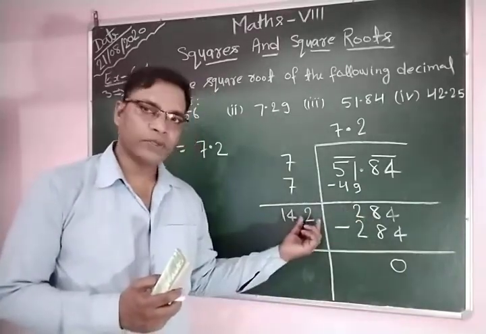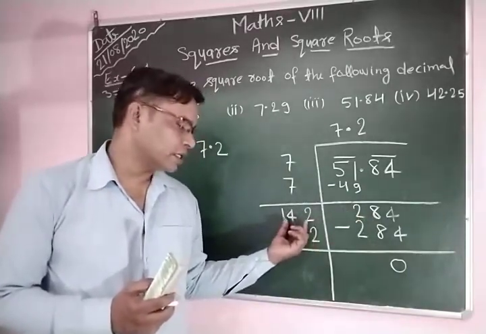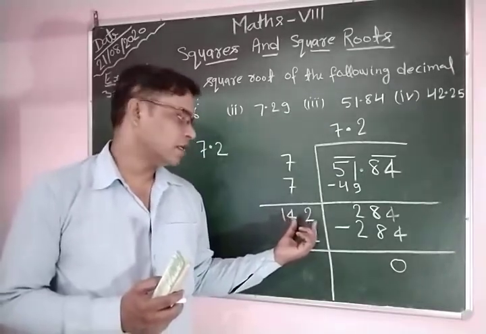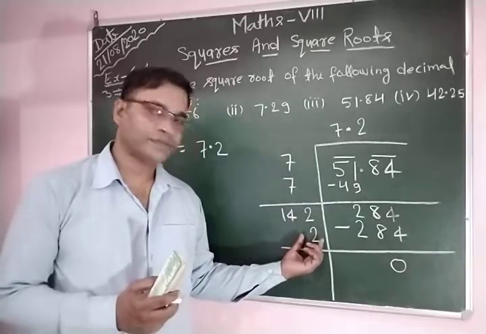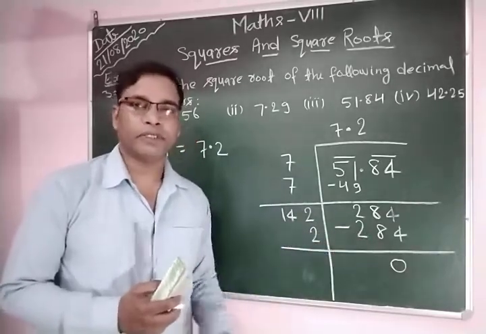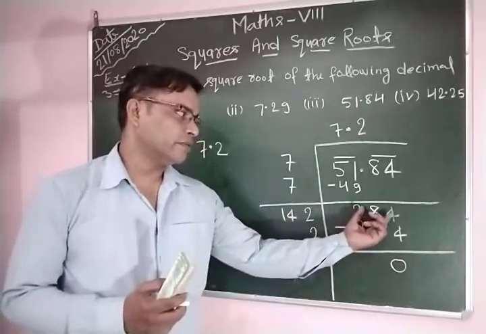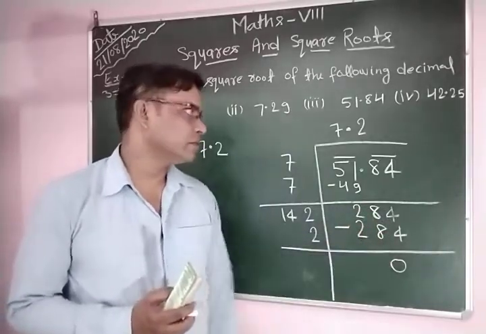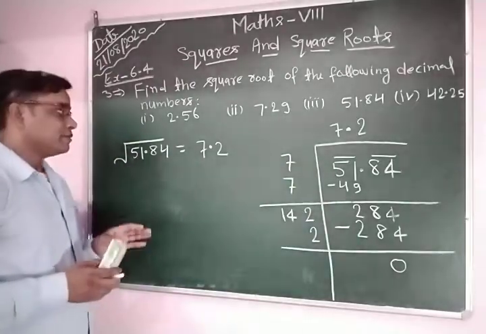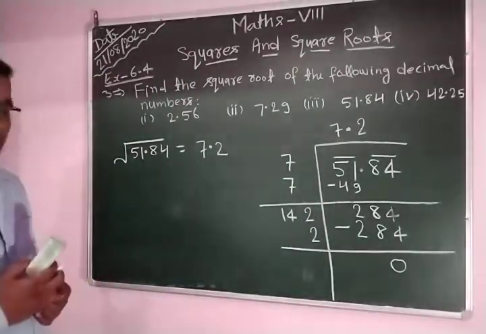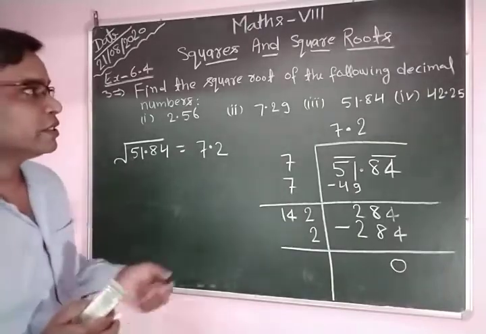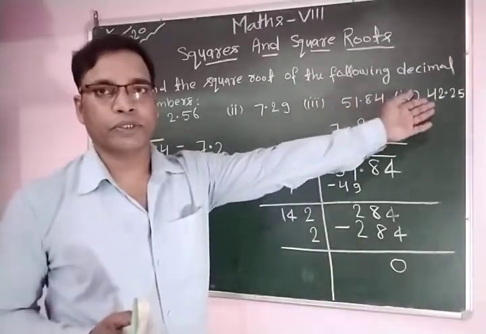So we select 2. In this way our divisor is 142, and 142 times 2 gives 284, and after we subtract this from 284 we obtain 0. So in this way you can see the square root of 51.84 is 7.2.